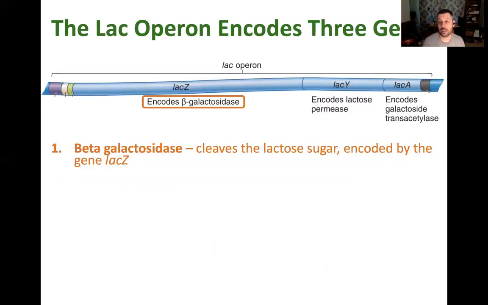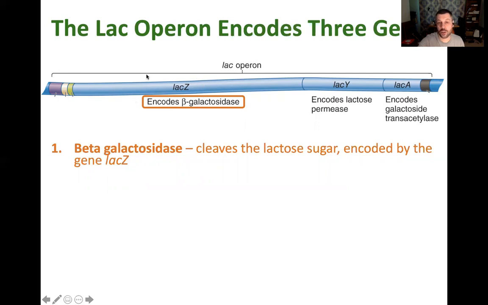So here is the piece of DNA that is the Lac Operon. And right now we're just going to focus on the three genes that are involved in the Lac Operon. Their names are LacZ, LacY, and LacA. The first of these, and the biggest, is on the left here. This is called LacZ.